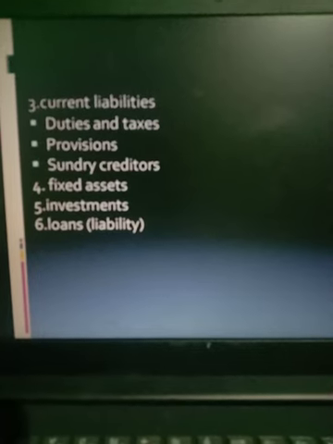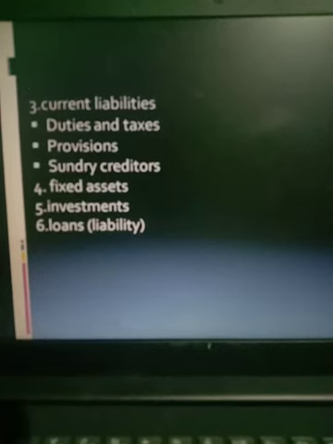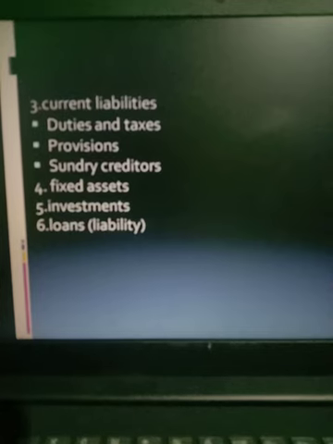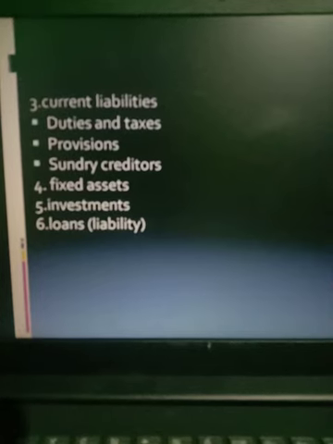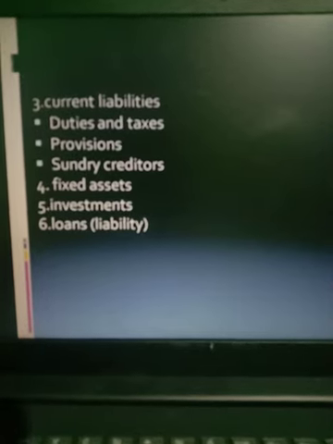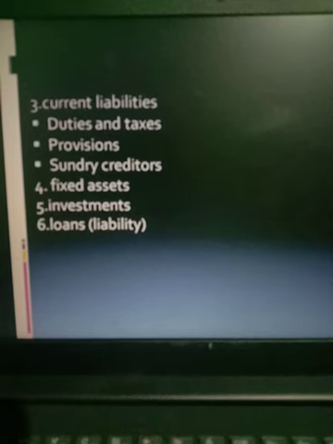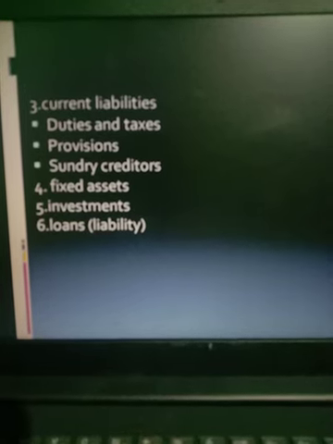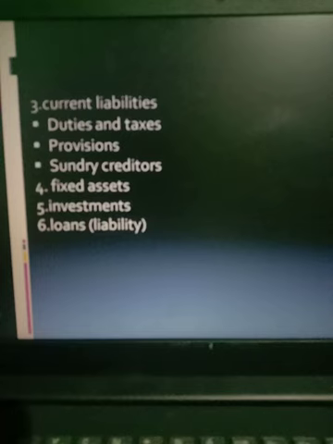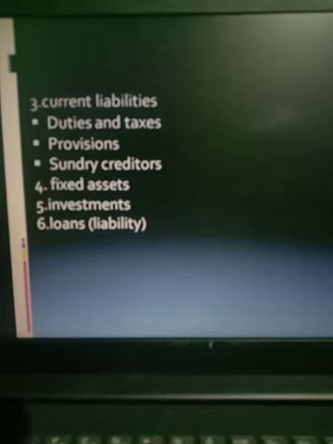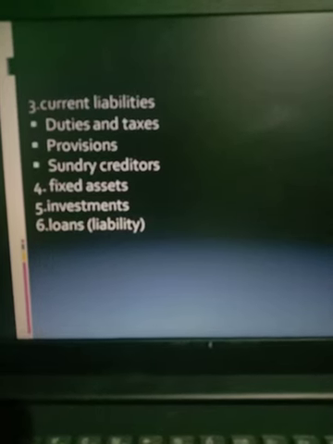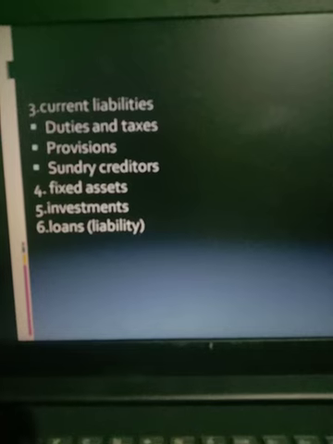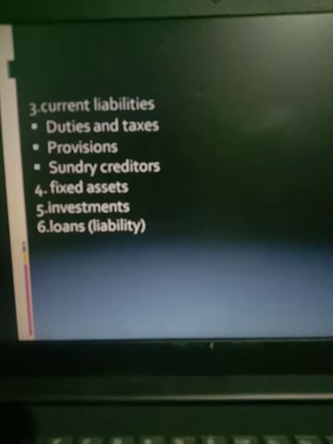Loans, in brackets they have given liability, clearly mentioned. In the last slide we saw loans and advances on the asset side, meaning loans and advances given by the company to others, whether employees or other companies.